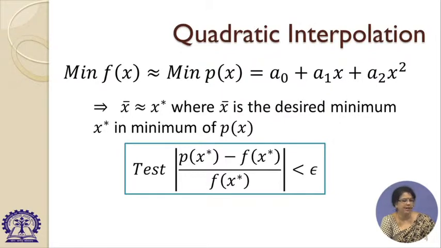If x bar is our desired minimum, then that must be very close to x star, which is the minimum of the fitted polynomial. How can we test it? We can take the ratio of this difference, and if this value is smaller than a very small value epsilon, then we can say that the fitted polynomial is accepted.